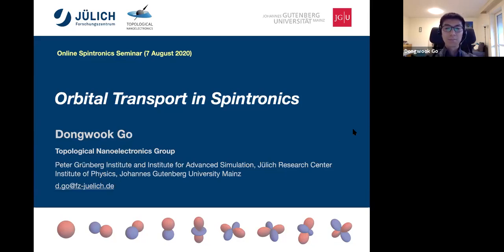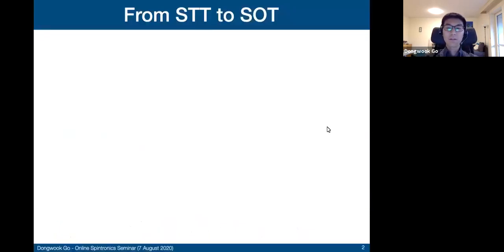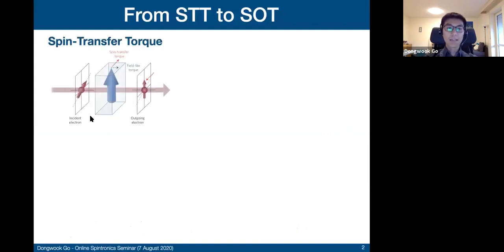Before going on more seriously, let's review some of the basic concepts for people who are not familiar with them. The first one is spin transfer torque. The idea is that you inject a spin-polarized electron into a ferromagnet.